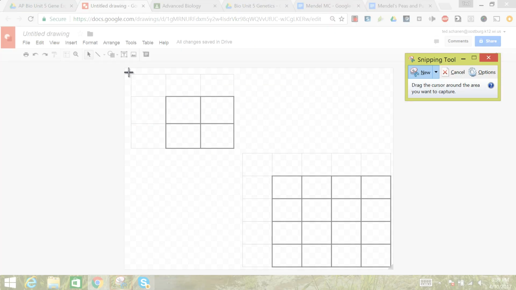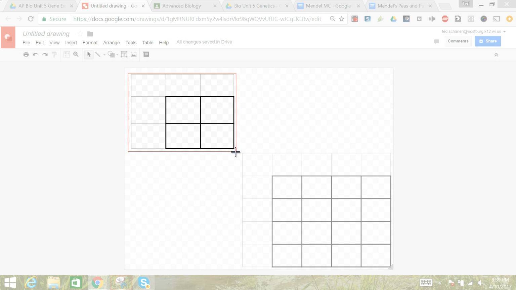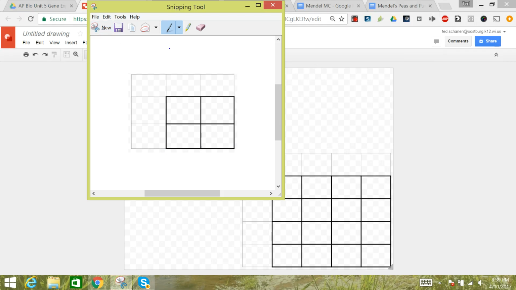So let's start this over again. So now when we're looking at, that's F1 and that's F1. One gamete could be that, the other gamete could be that, one could be this, one could be that.